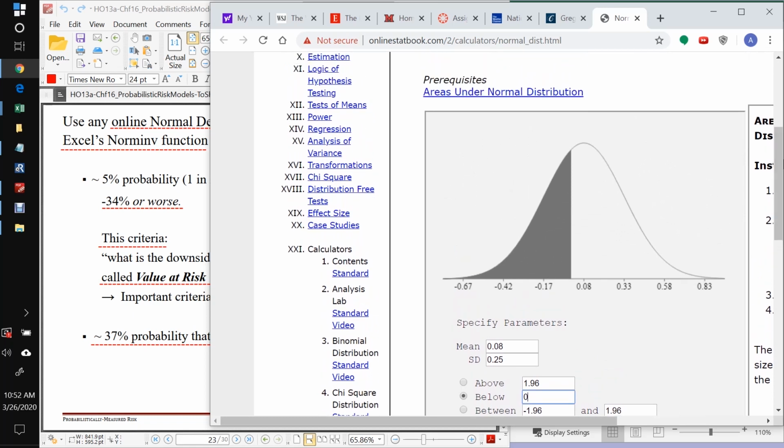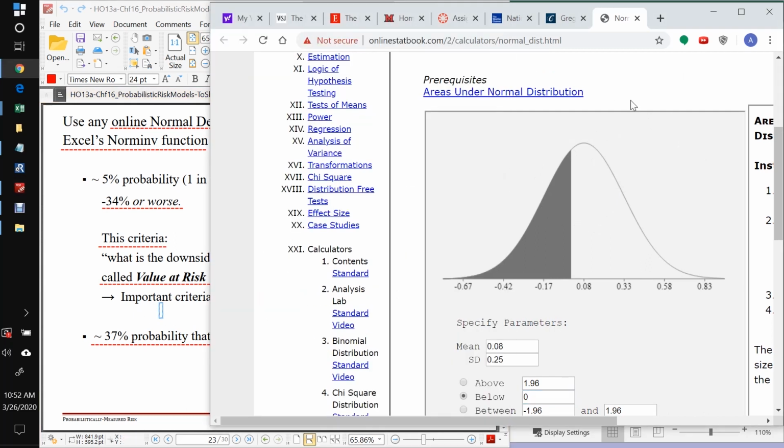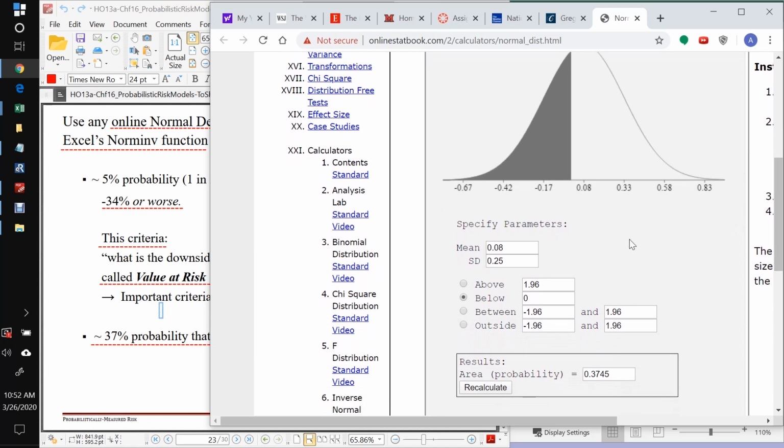So if you're a little bit shaky on using the normal distribution to do the types of things we're doing here, I strongly recommend playing around with one of these online calculators. They're very good at illustrating what's going on here. So here's 0, and here's our probability, the area under the curve from 0 out to minus infinity, which, as you can see, to get to minus 100% here, we're going to be way out in the tail.